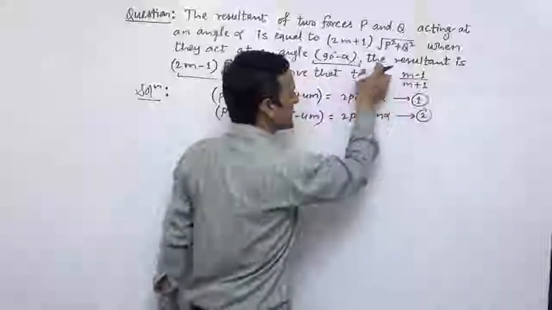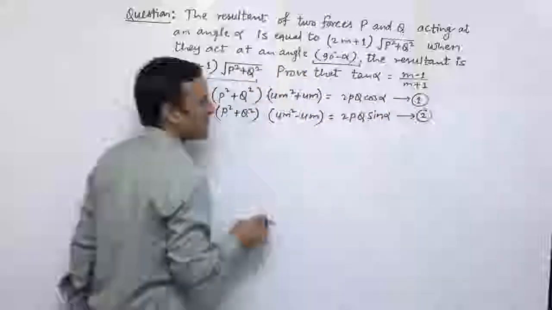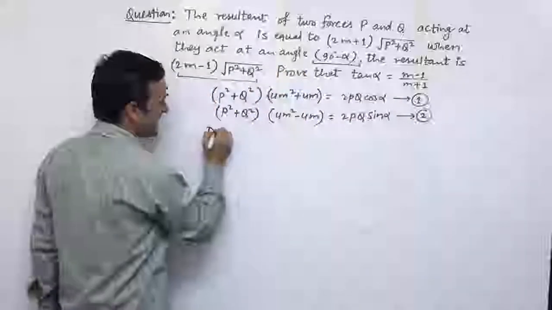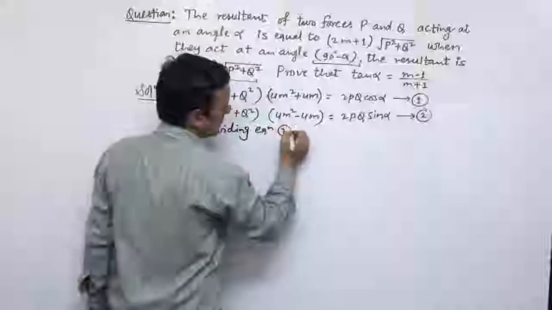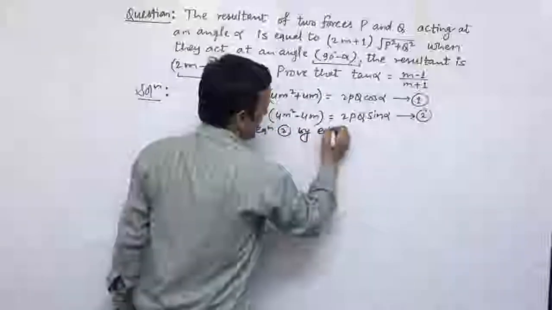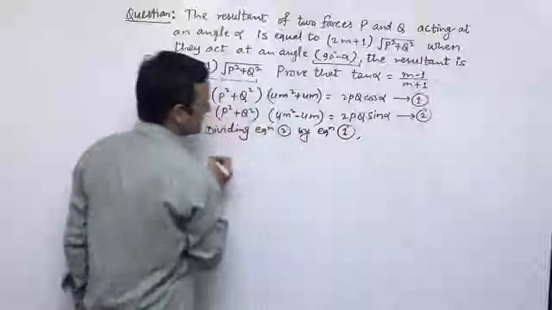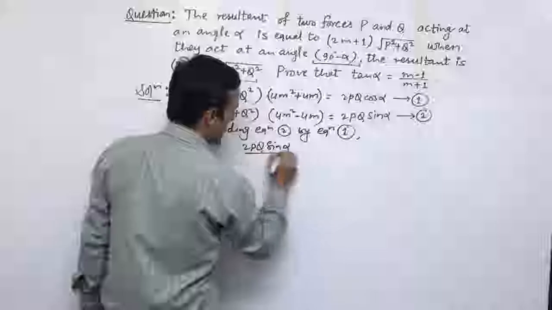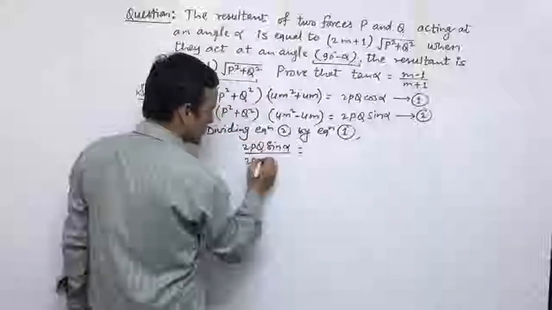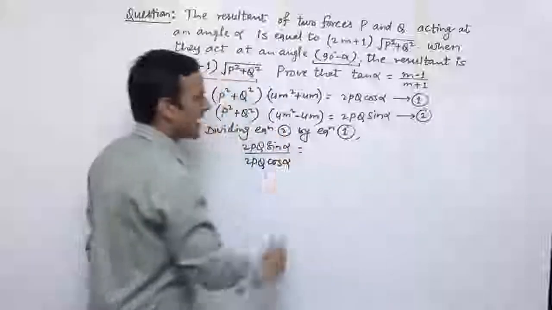You divide, यो गर्ने बित्तिकै tan alpha आउने भएको हुनाले we have to divide it. So dividing equation 2 by equation 1, here 2PQ sine alpha divided by 2PQ cos alpha.